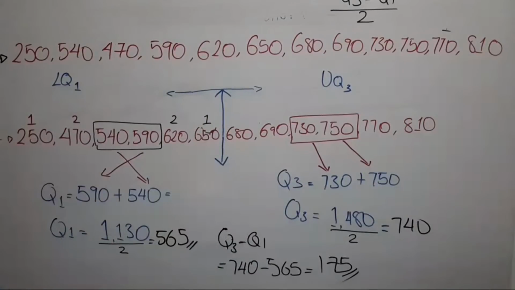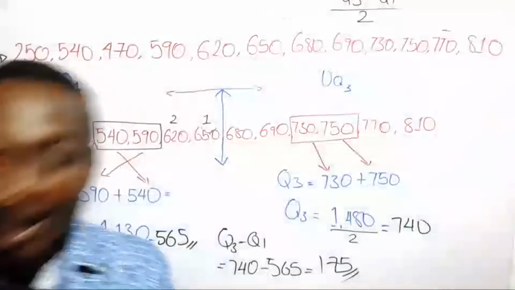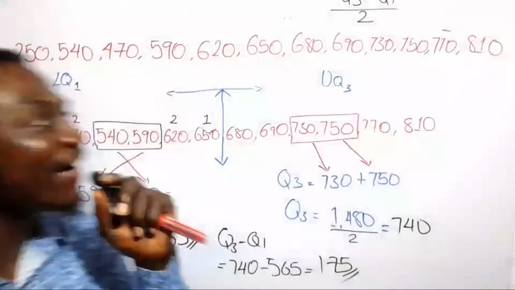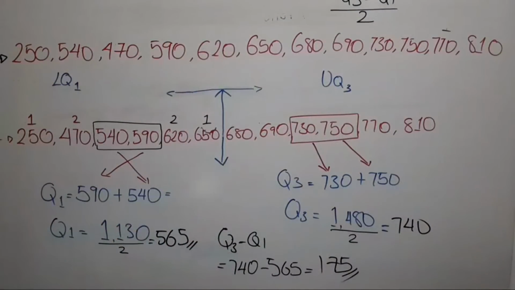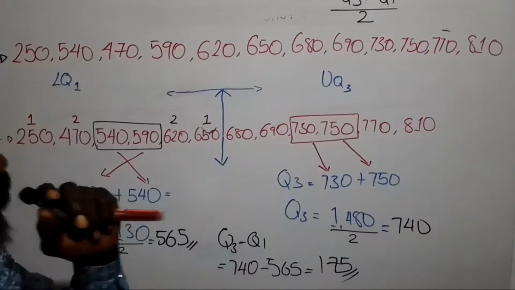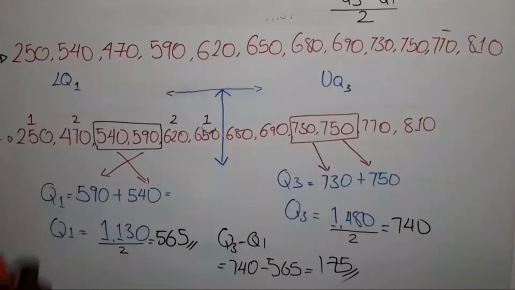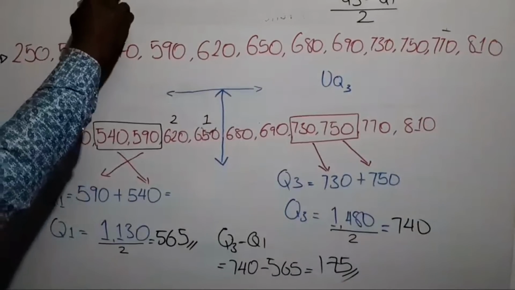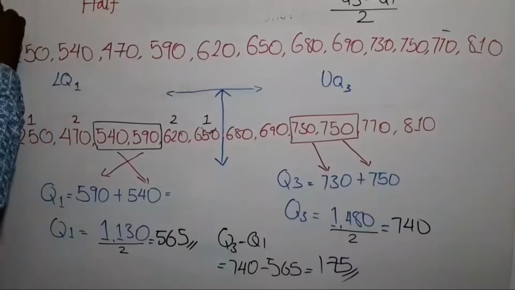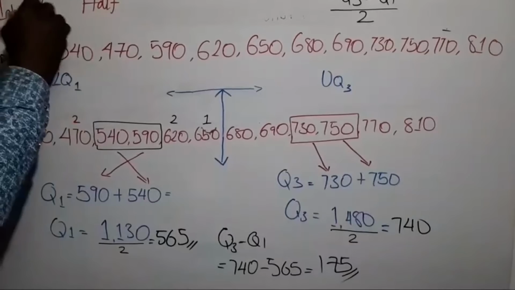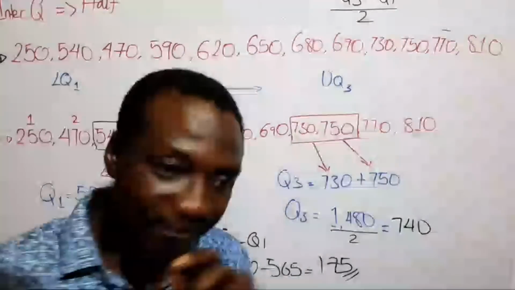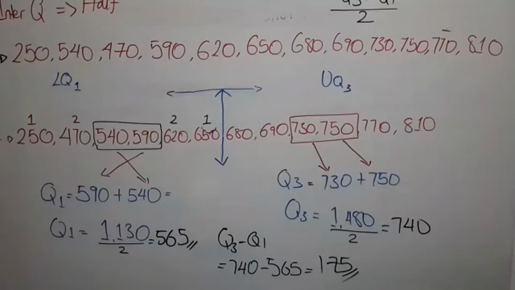When it's interquartile, we are expected to divide our Q1 by 2, and the lower and the upper must be divided by 2. It's more like half.